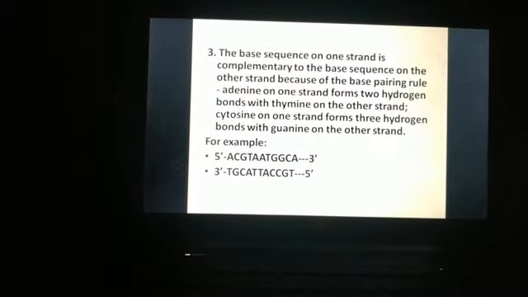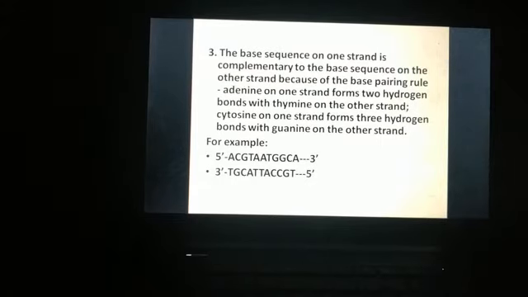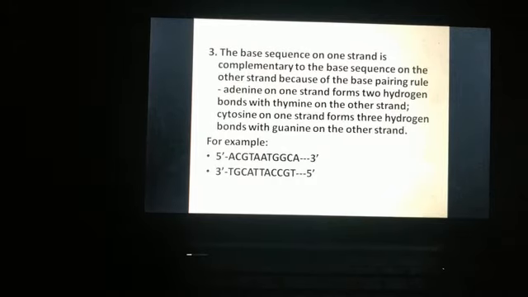The third point is the base sequence on one strand is complementary to the base sequence on the other strand. Because of the base pairing rule, adenine on one strand forms 2 hydrogen bonds with thymine on the other strand, and cytosine on one strand forms 3 hydrogen bonds with guanine on the other strand.